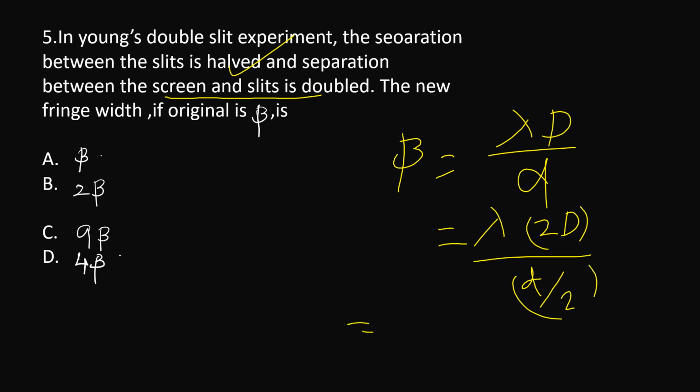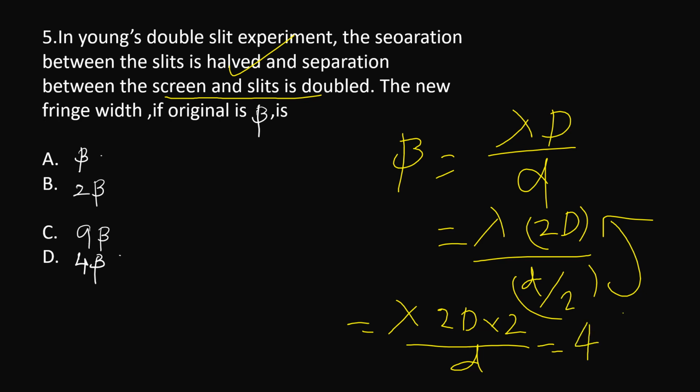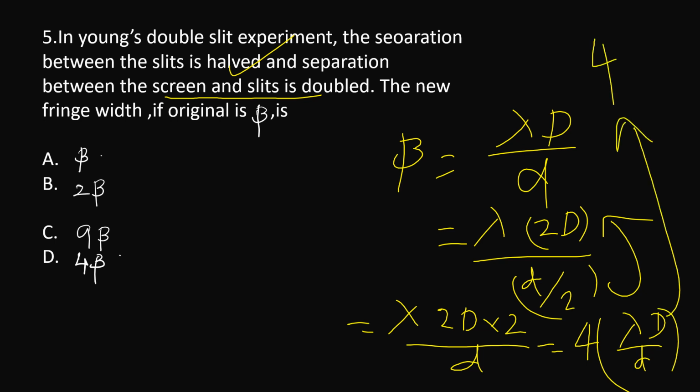That means 2 will go to the numerator. So you will get lambda 2D into 2 divided by d, or you can write 4 lambda D by d. And this means 4 times lambda D by d, which is beta. So the new fringe width will become 4 times beta. Option D is the correct one.